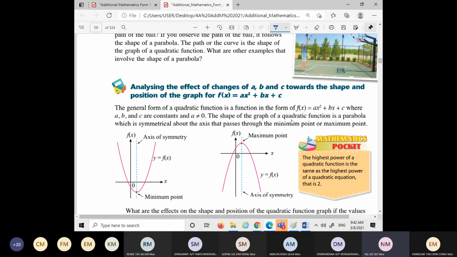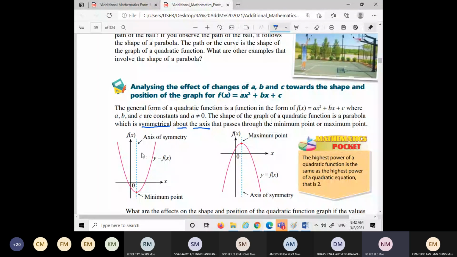The shape of the graph of the quadratic function is a parabola, which is symmetrical about the axis. This is very important, because when you sketch the parabola, it often does not look symmetrical. Remember, a parabola is always symmetrical. The left hand side and the right hand side are symmetrical, like a mirror.